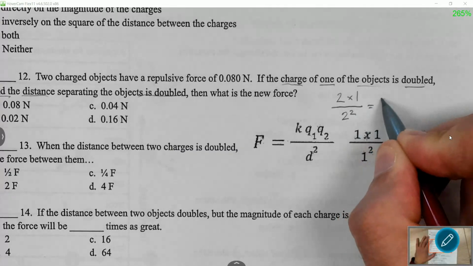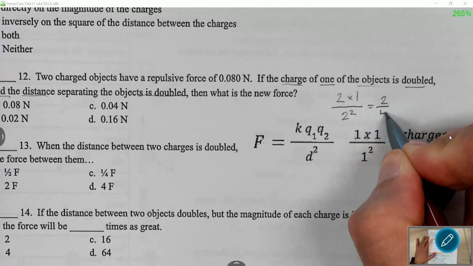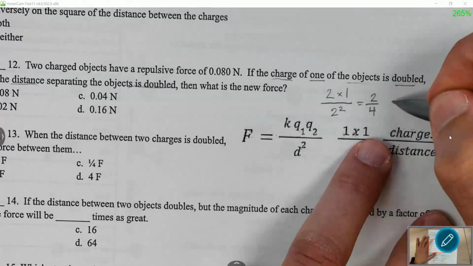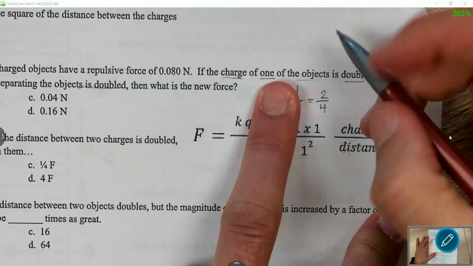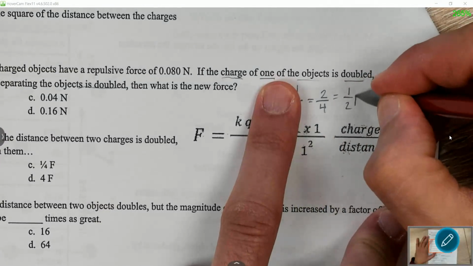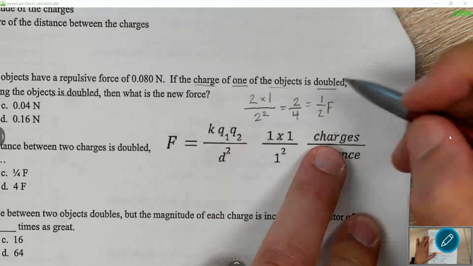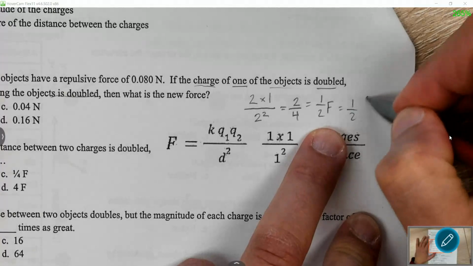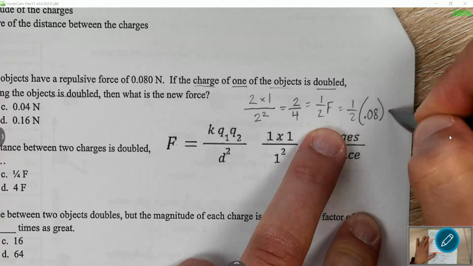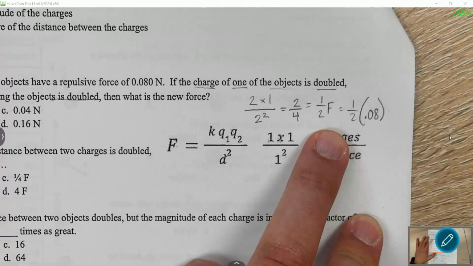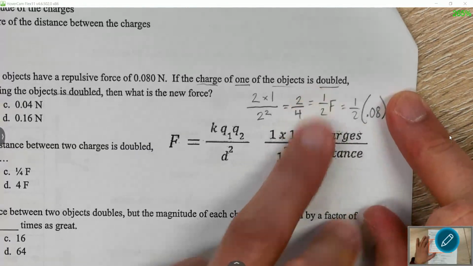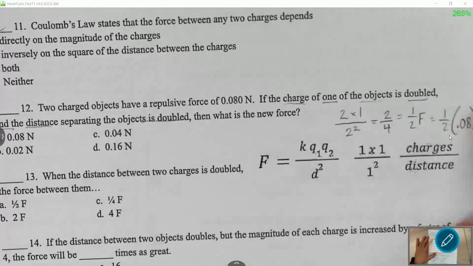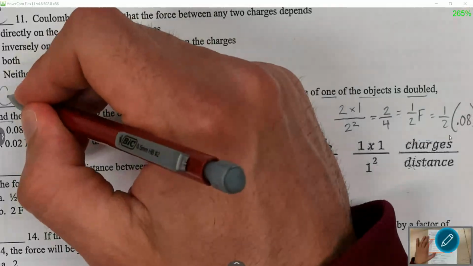What's 2 times 1? 2. 2 squared, 4. 2/4 reduces down to 1/2 of the force. So for F, you do 1/2 of 0.08, and that gives us 0.04 newtons. C.